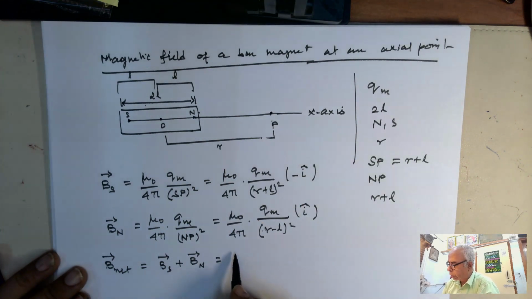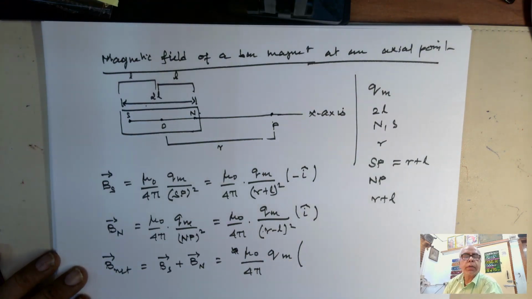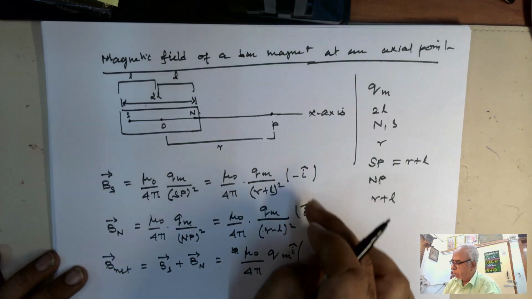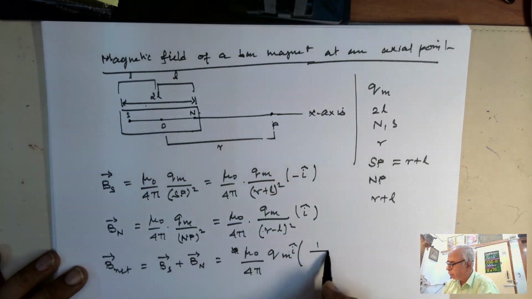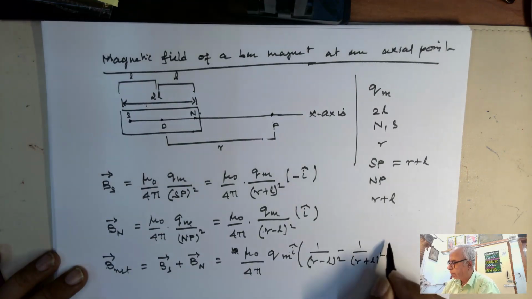This is common, and also i cap. Now on adding, you can put first this one, 1 divided by R minus L the whole square, and because of this minus, 1 by R plus L the whole square with a minus sign.